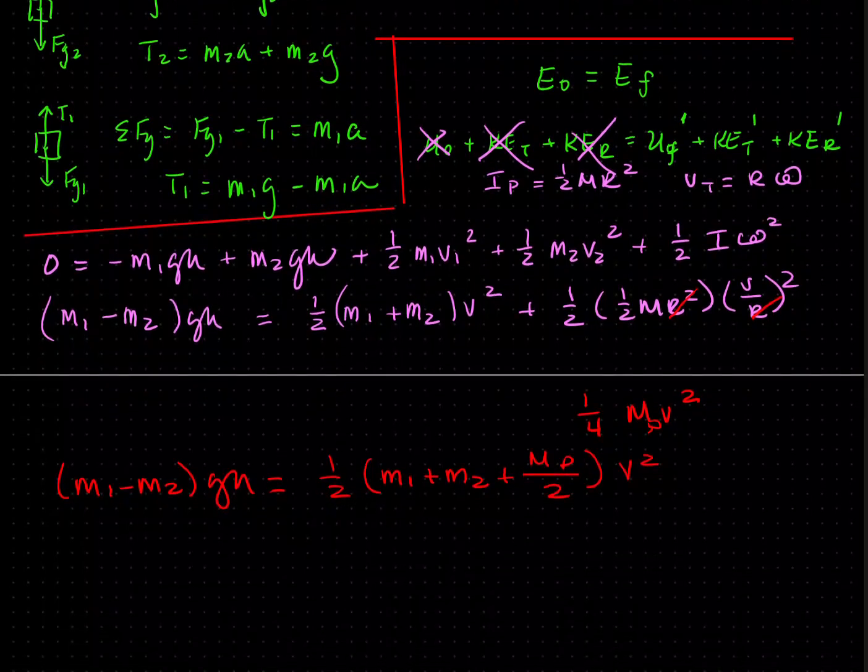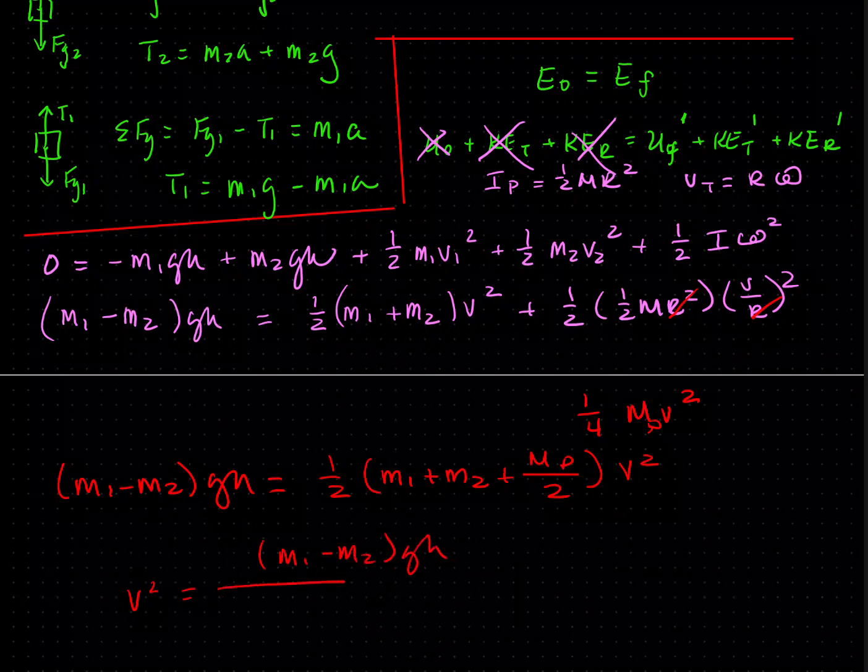I'm going to solve for V squared by dividing both sides. So (M1 minus M2) gH. There's a half, so to get rid of it, I need to multiply by 2. So there's 2 up here. And this is divided by M1 plus M2 plus MP over 2.